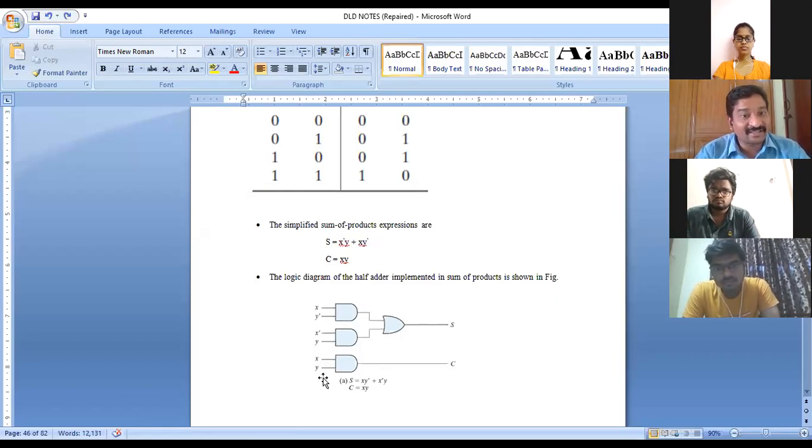Actually, you know the XOR gate. What is an XOR gate? If you expand A XOR B, what is the output for A XOR B?